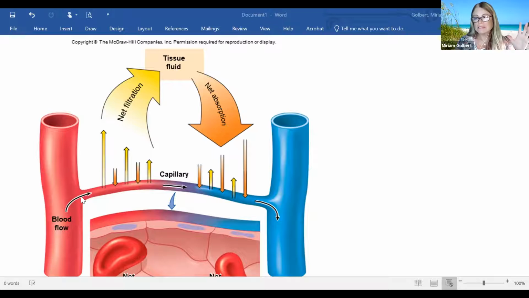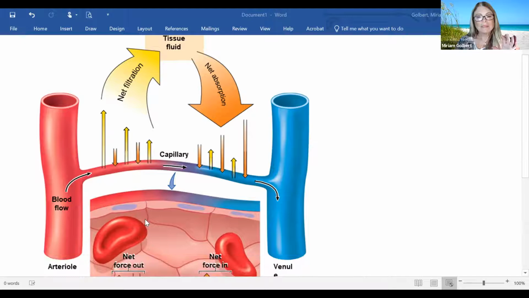So on this end, we really want to have a net filtration. We really want to have that diffusion of oxygen and nutrients. But this force that you see here in 3 yellow arrows, they have to overcome these 2 opposing forces. So we're going to see what the opposing forces are. So that's what the little arrows mean, okay?